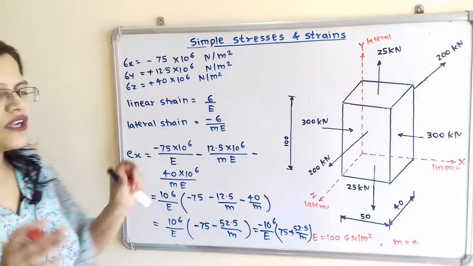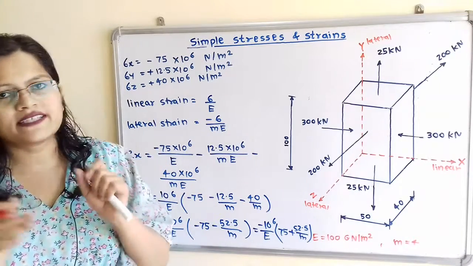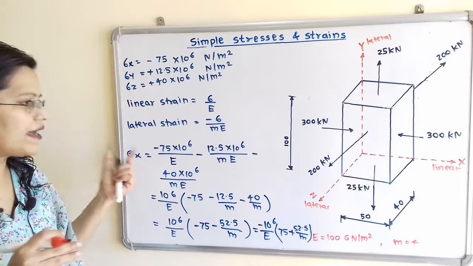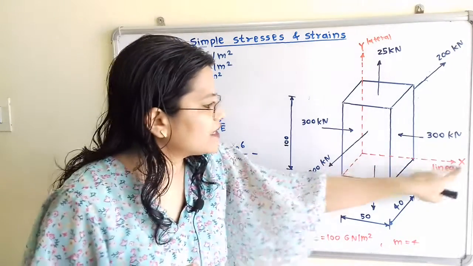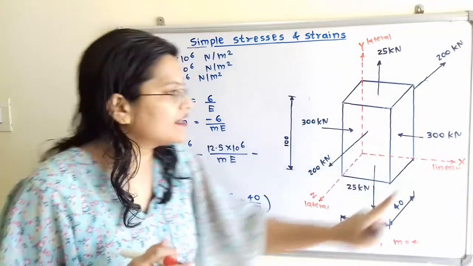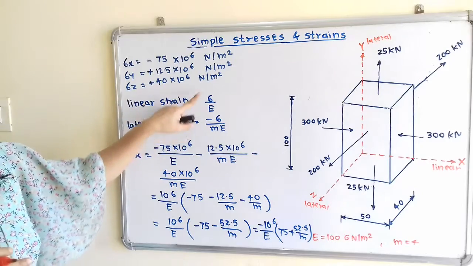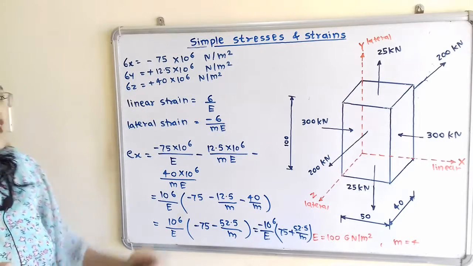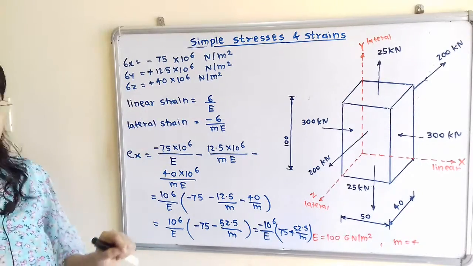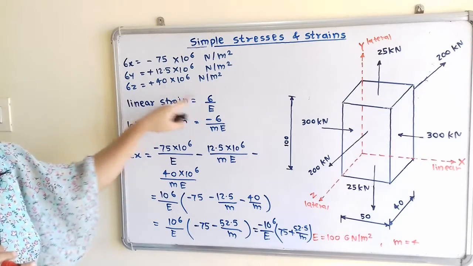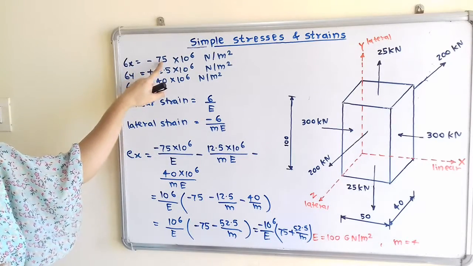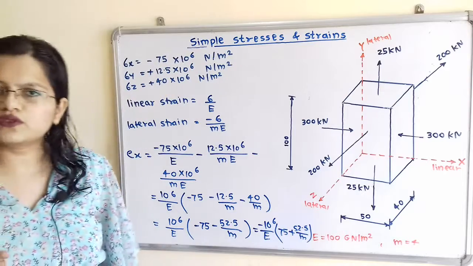Now we will calculate the strain along x direction. This time we take the strain along x direction as linear strain, and we use the formula sigma by E, that is sigma x by E. What is the value of sigma x? It is minus 75 into 10 raised to 6.